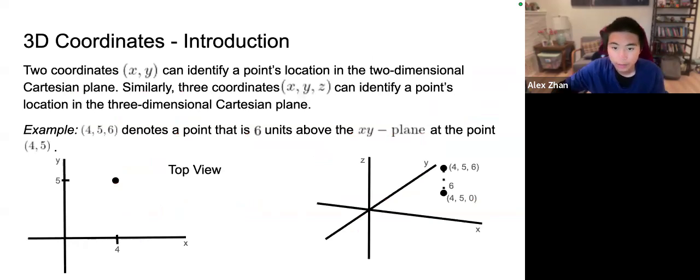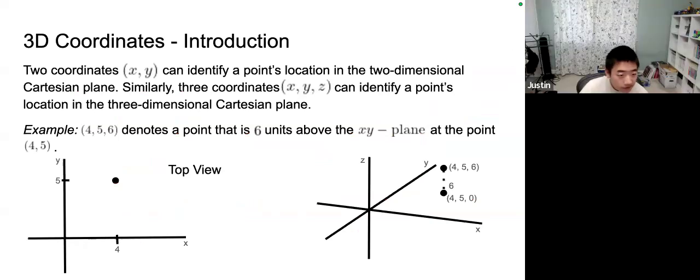Next we'll be going into 3D coordinates. Justin will present this one. We've mostly covered the two-dimensional plane so far, and in a 2D plane you can identify a point with x and y coordinates. So x is this distance and y is that distance. These are perpendicular.